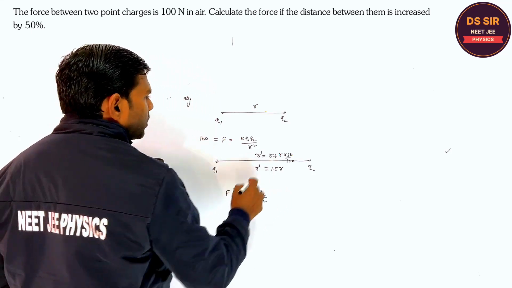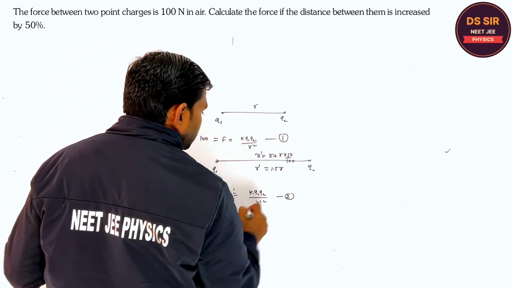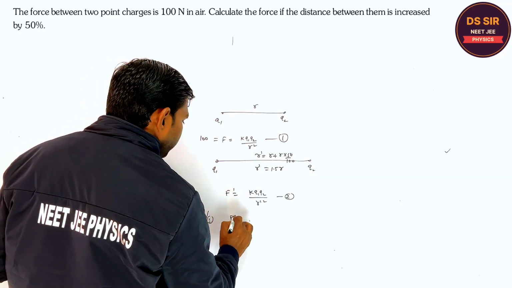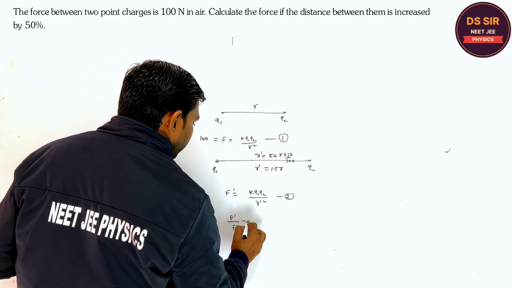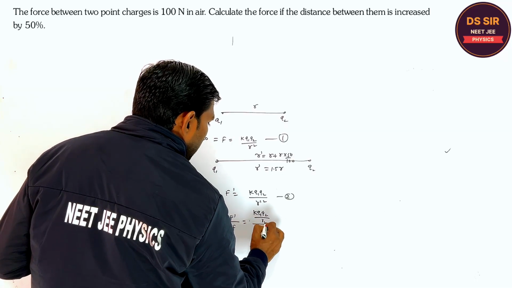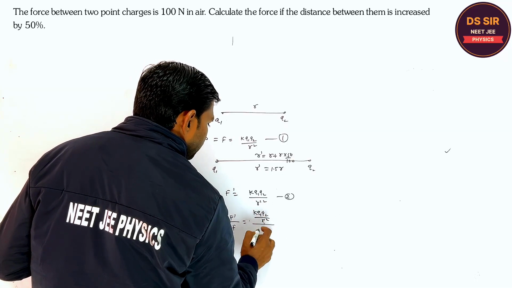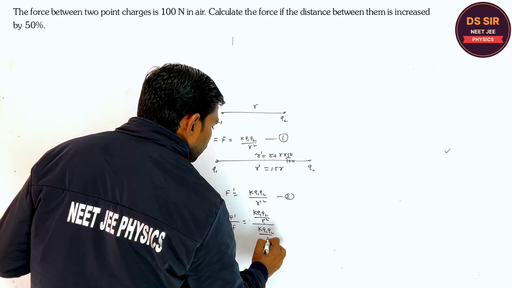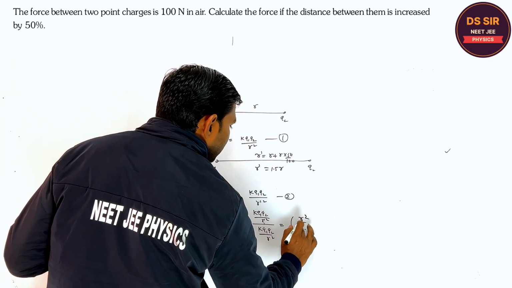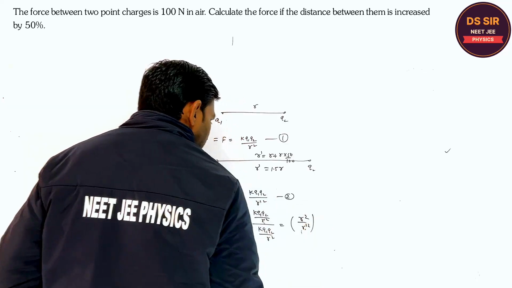Is it clear or not? This is equation number 1, and this is equation number 2. Divide 2 by 1. So 2 by 1 is F dash upon F. Fine. F dash is k q1 q2 upon r dash square, and F is k q1 q2 upon r square. So r square upon r dash square. Is it clear?